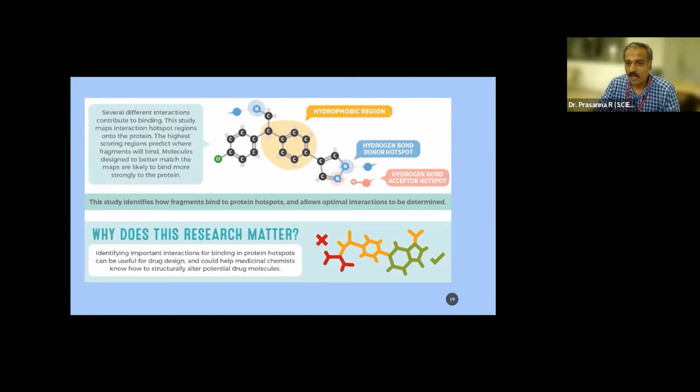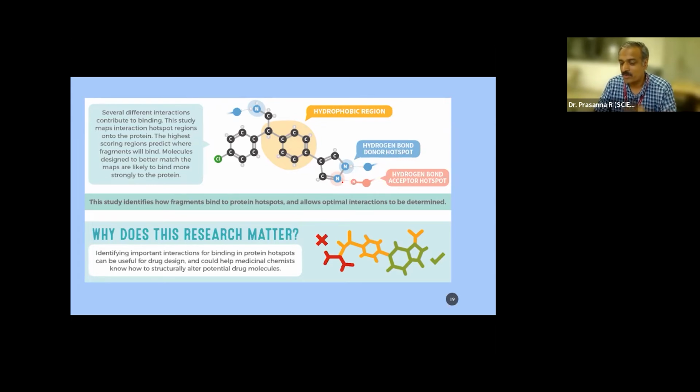This particular part where you have a nitrogen is a hydrogen bond donor hotspot. What do I mean by that? You have a hydrogen here. That hydrogen can be a hydrogen donor with the protein, which has a heteroatom with a lone pair, and this hydrogen can form a hydrogen bond. Similarly, this nitrogen has a double bond over here, and it has a lone pair, and this can be a hydrogen bond acceptor.